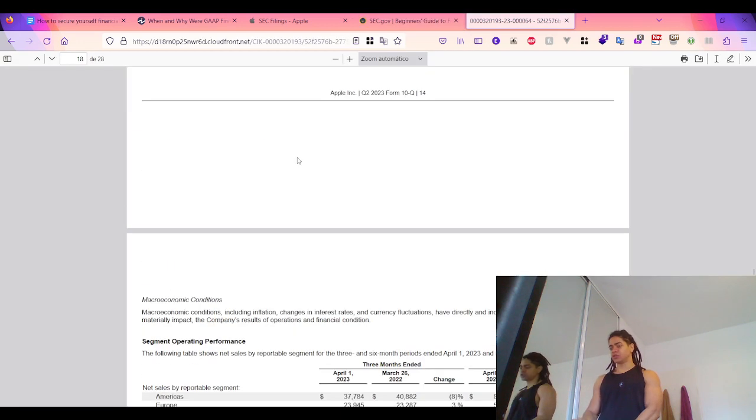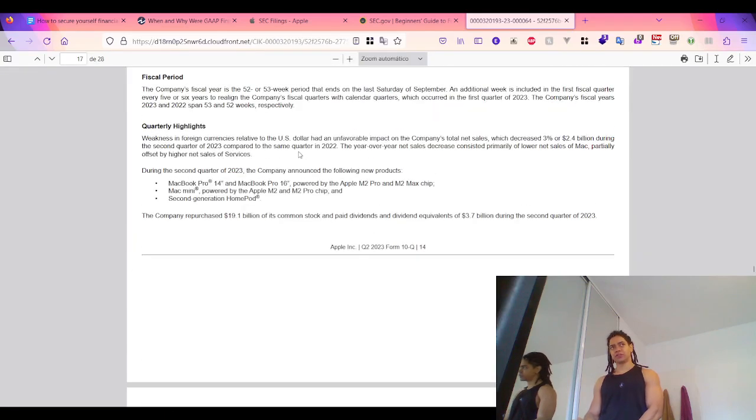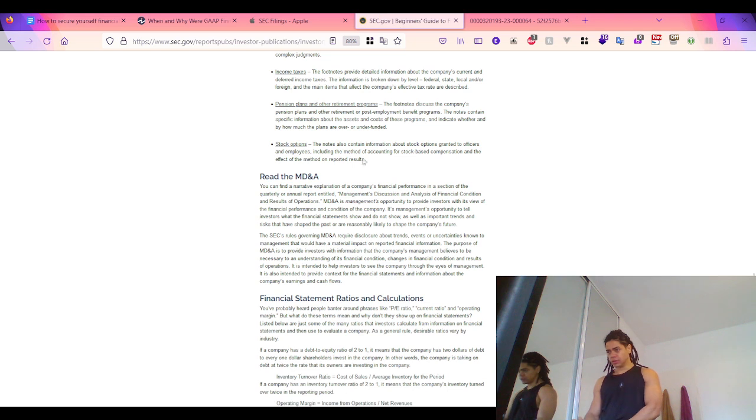This section also helps investors to see trends, to show important trends and risks that have shaped or are reasonably likely to shape the future of the company.